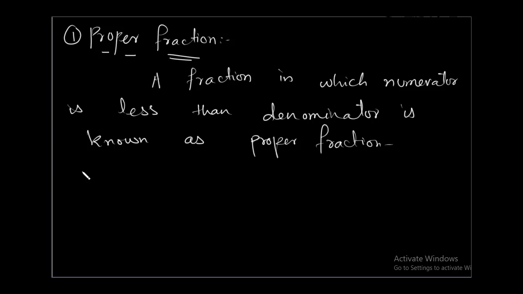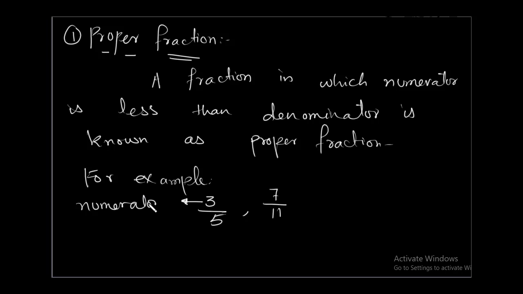So let me write some examples on it. The first one is 3 by 5, and the second example is 7 by 11. The number above the line is called the numerator, and the one below the line is called the denominator.